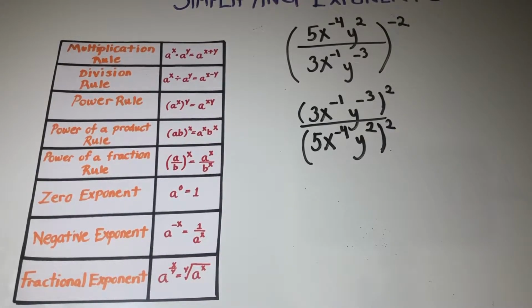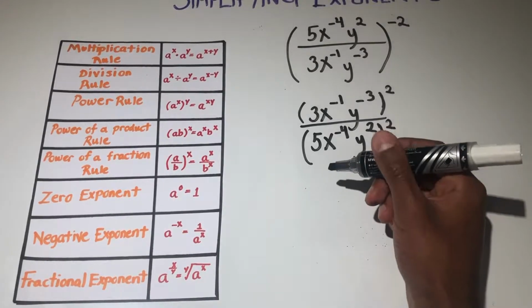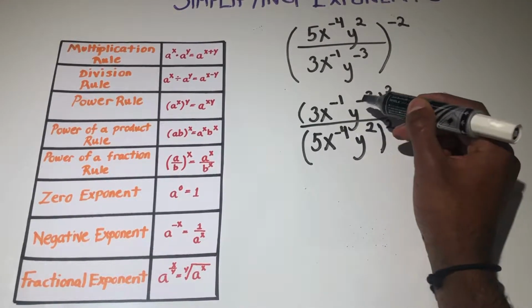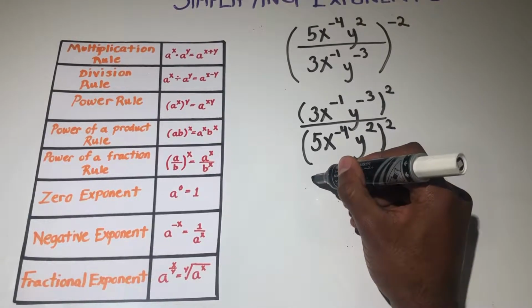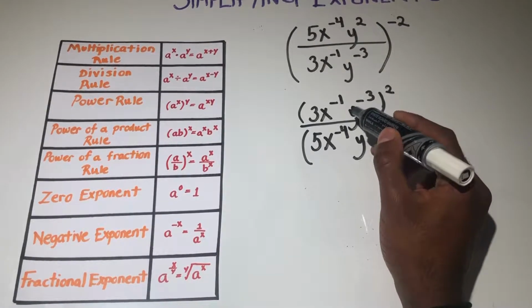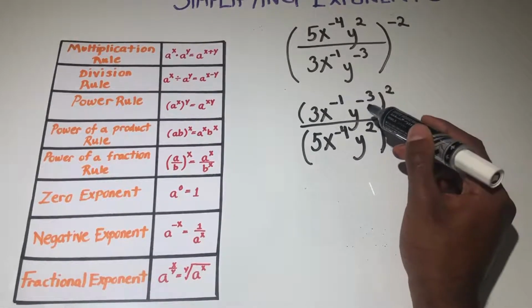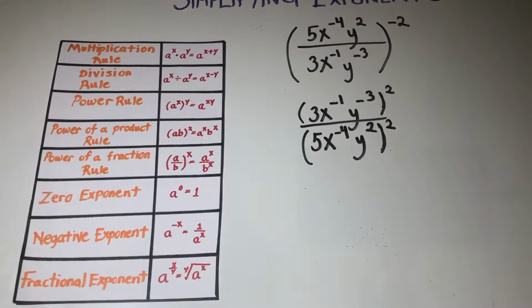Now this looks fairly easy. Like we did before, we distribute the power of 2 to each term. Also notice how nothing changes within the expression. It's just the placement of the numerator and the denominator.